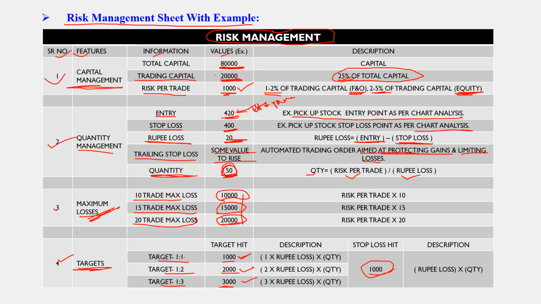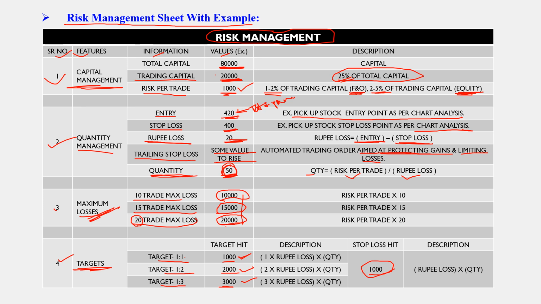To lose our trading capital we would need to lose 20 trades back to back, but this is not possible, right? There is a probability, like a coin: one time head, one time tail, one time head, one time tail.